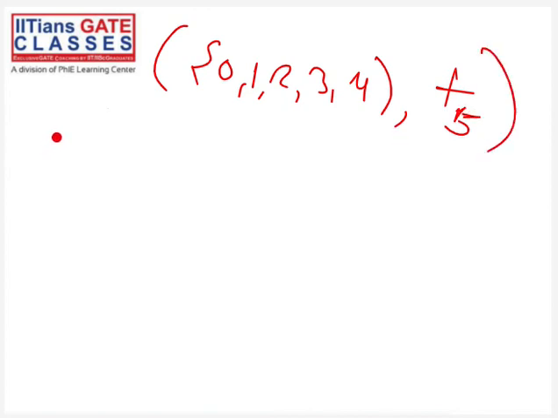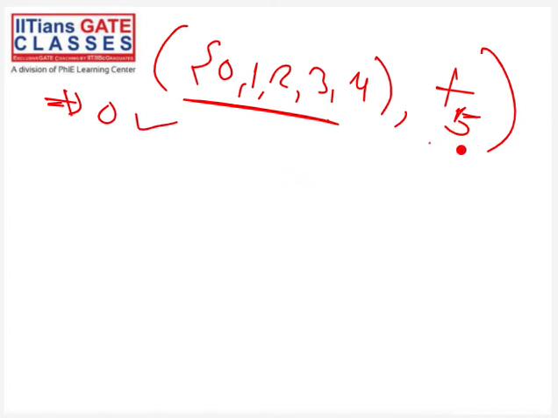Anyone want to try? See, the identity element is 0, but minus 1 does not belong to this base set. This is our base set, and actually minus 1 is not the inverse.